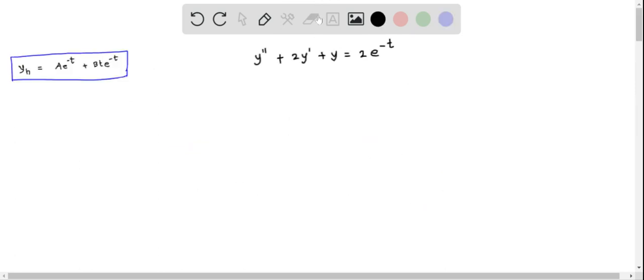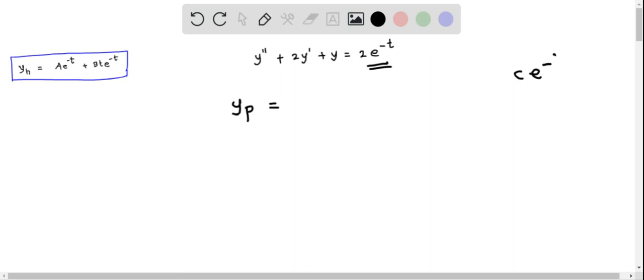We will now see how to determine the particular solution of this differential equation. For this, I'm going to make a guess for the particular solution. By looking at the right side expression, we have 2e power negative t. So we can make a guess in the form c e power negative t.